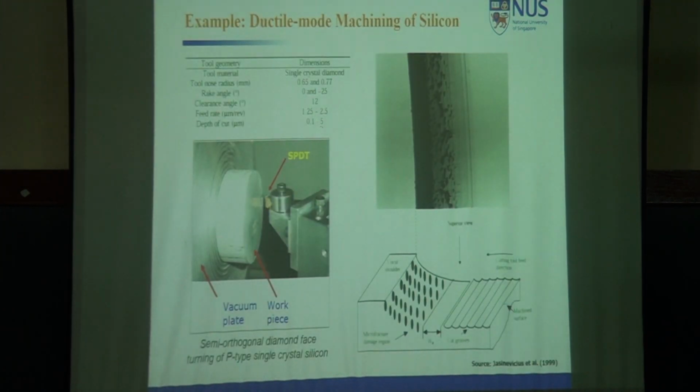We are in the extrusion mechanism. Okay? Plowing is another thing. Plowing, even if the chip thickness, usually it is a very, very thin chip, plowing takes place. Plowing is below the extrusion zone.